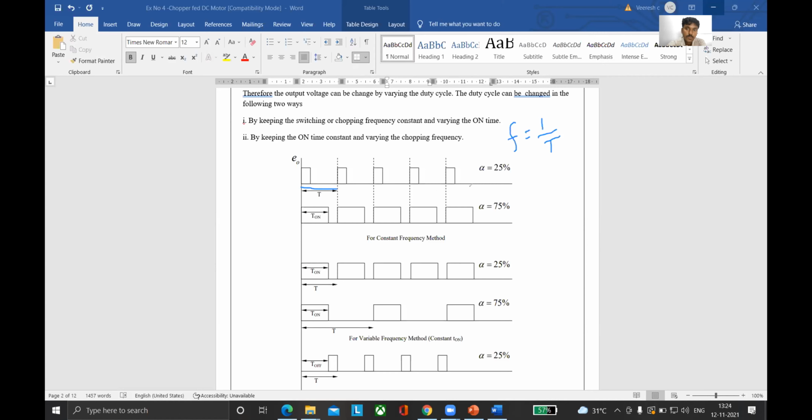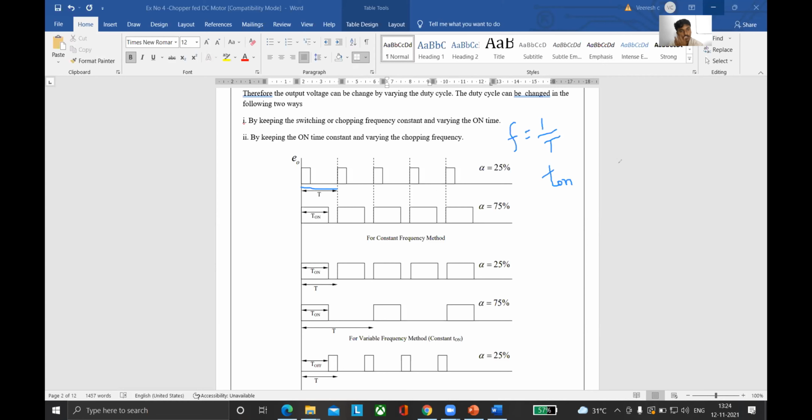Clear? So here, total time is constant, but we can vary the on time. We can vary the on time only.